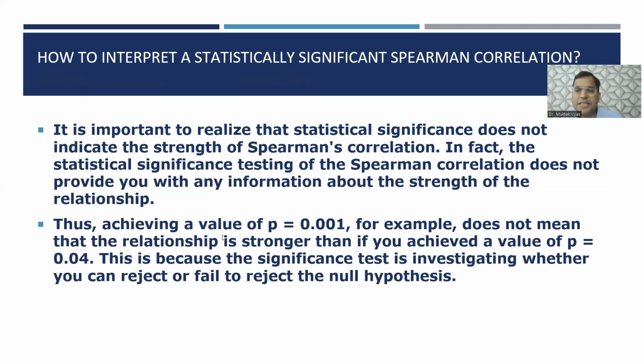Thus, achieving a value of p equal to 0.001, for example, does not mean that the relationship is stronger than if you achieve a value of p equal to 0.04. This is because the significance test is investigating whether you can reject or fail to reject the null hypothesis. So this is about Spearman rank correlation. It is a non-parametric test, which is a distribution free test.